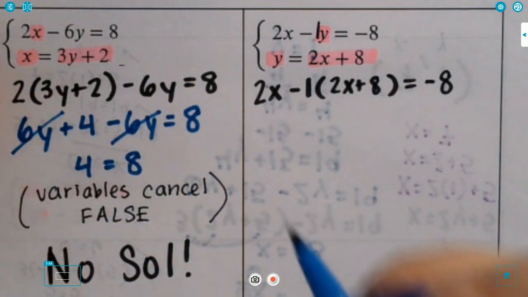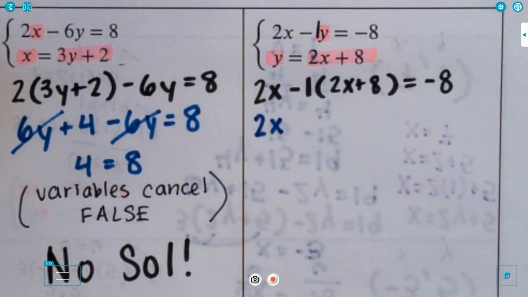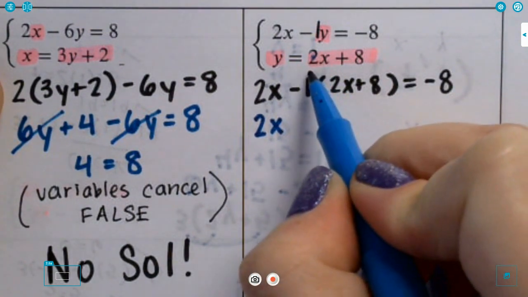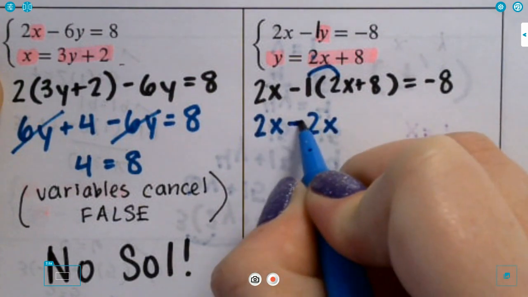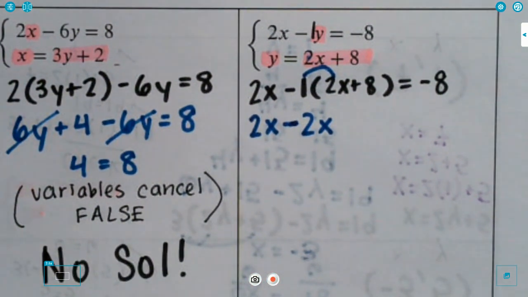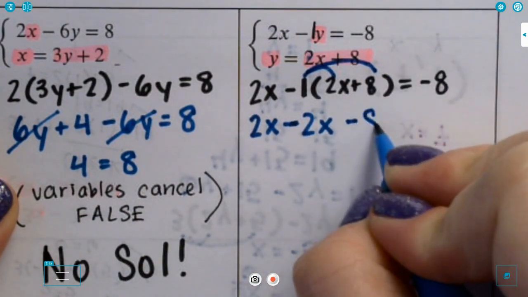Okay. So this stays 2x. Negative 1 times 2x is negative 2x. And then negative 1 times 8 is negative 8.